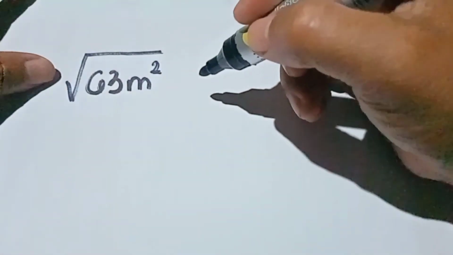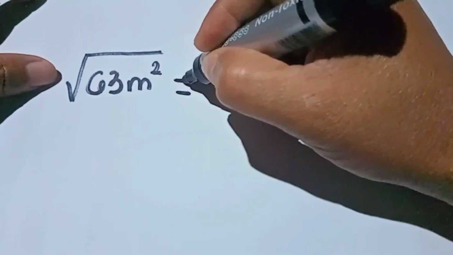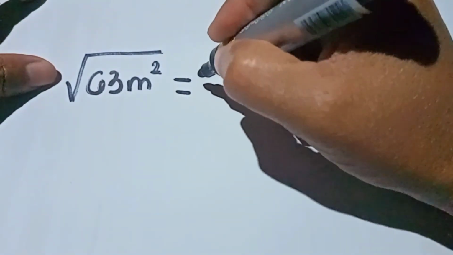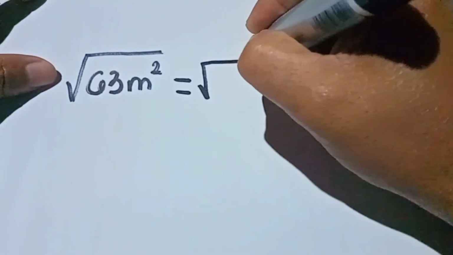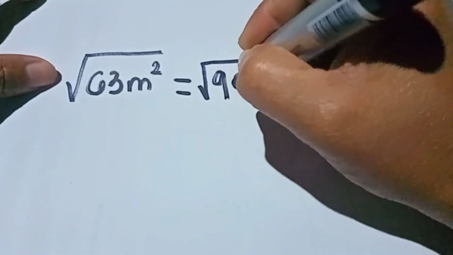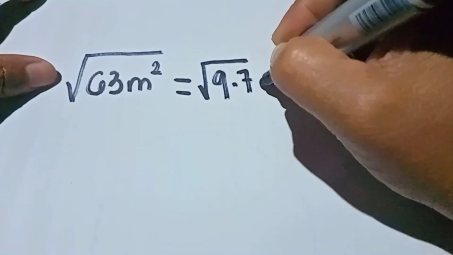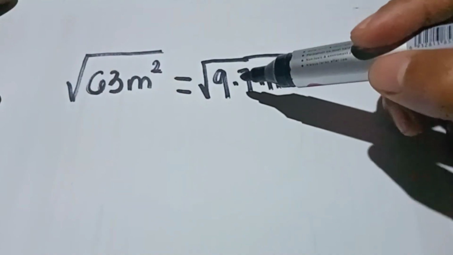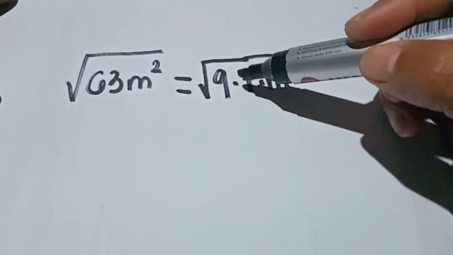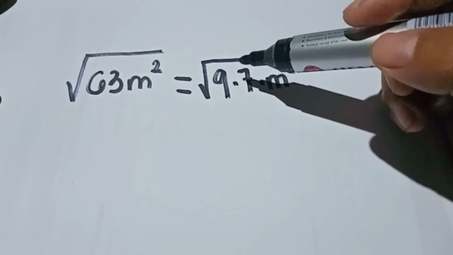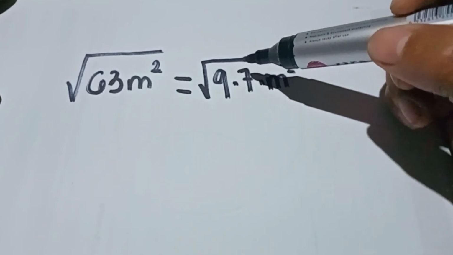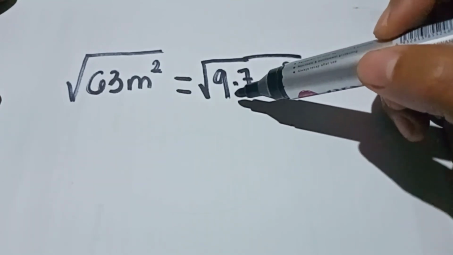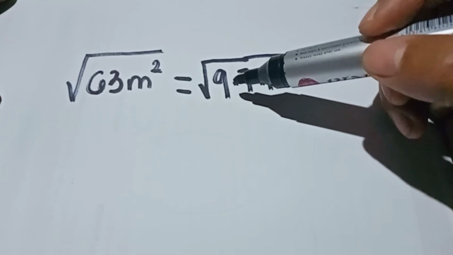Ang magiging factor ng 63m squared equals square root of 9 times 7 times m squared. Ngayon, kasi ang isang factor ng 63m squared ay mayroon ng perfect square at yan ay 9.